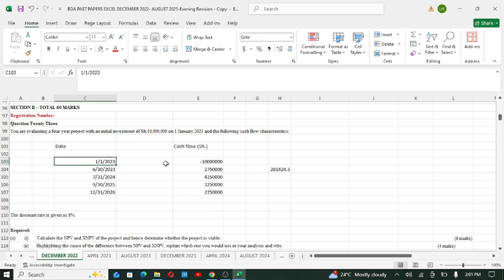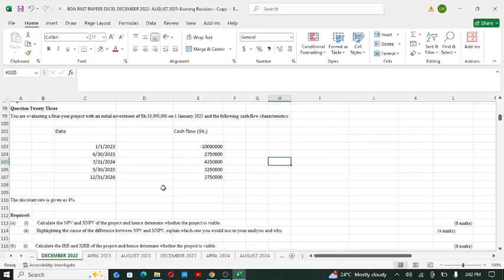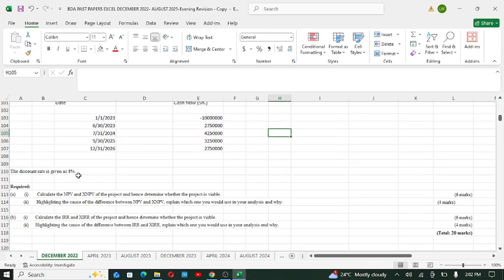We are given dates, we are also given cash flows. The discount rate is 8%. Part A: calculate the NPV and XNPV of the project and hence determine whether the project is viable. Highlight the cause of the difference between NPV and XNPV. Explain which one you would use in your analysis and why.